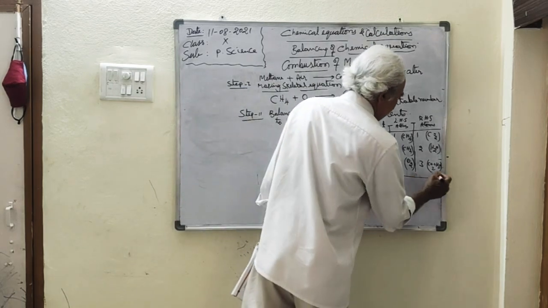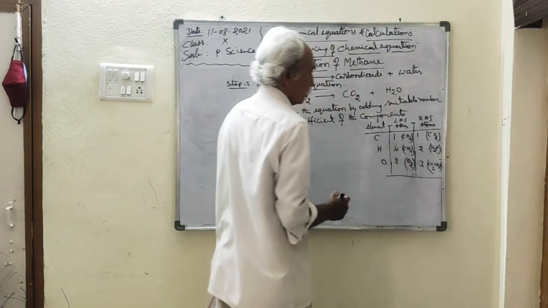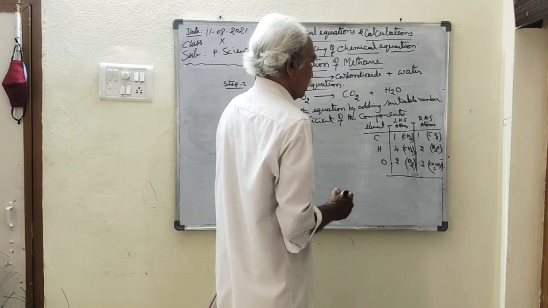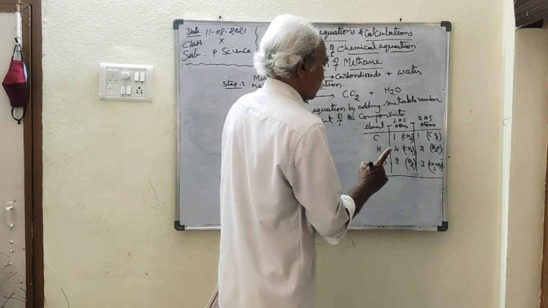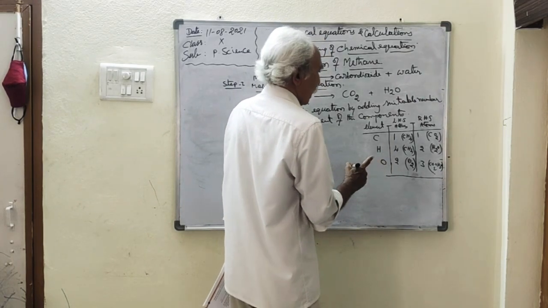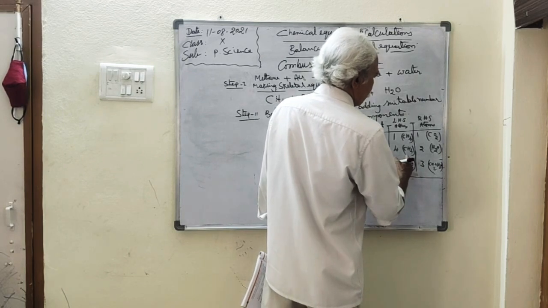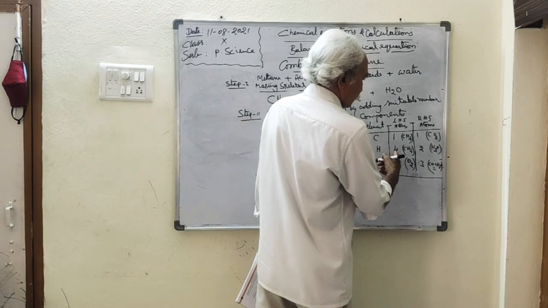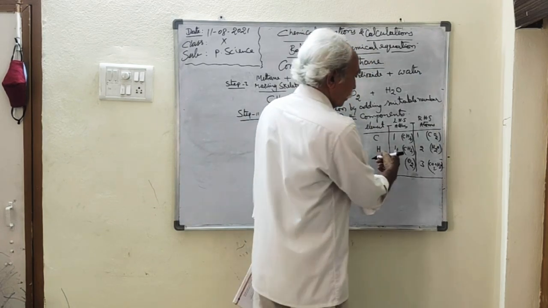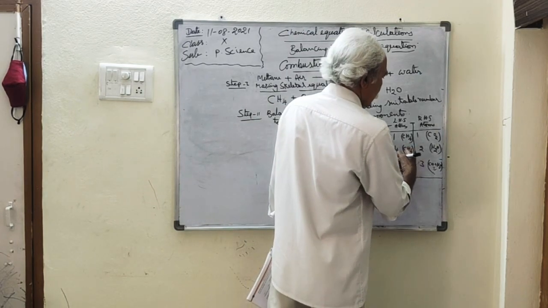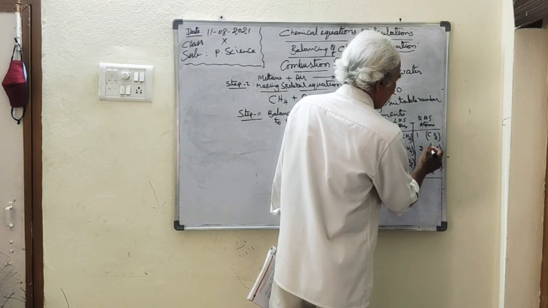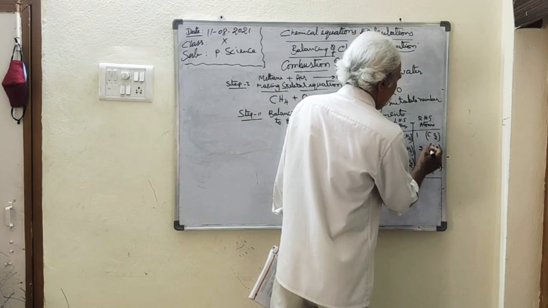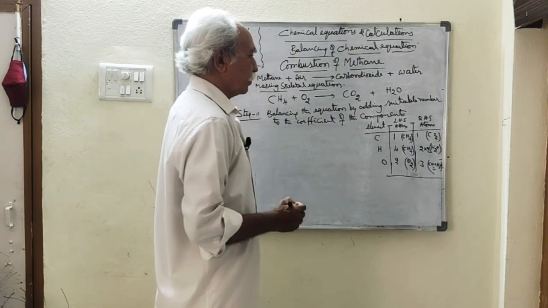Right. Now in this case, first you have to balance the oxygen. Or otherwise we can take the hydrogen also, no problem. Here hydrogen is 4, here it is 2. So add 2 in the coefficient.